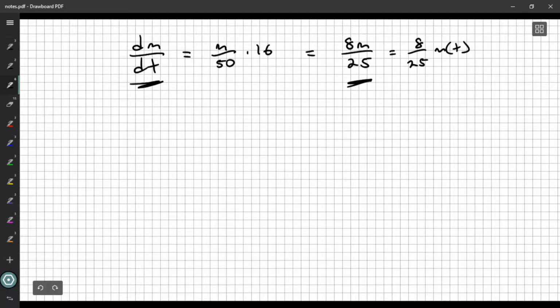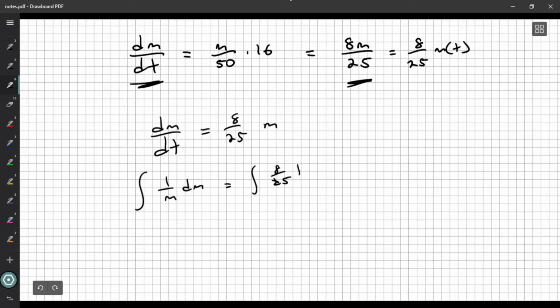Well, we could treat this as a separable differential equation. We've got our constant, 8 over 25, and then m, our function in terms of m. We could rewrite this as 1 over m dm, and bring the dt over to the other side. And now we can integrate.